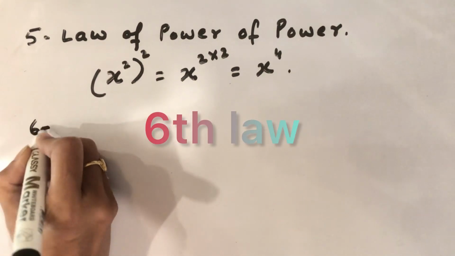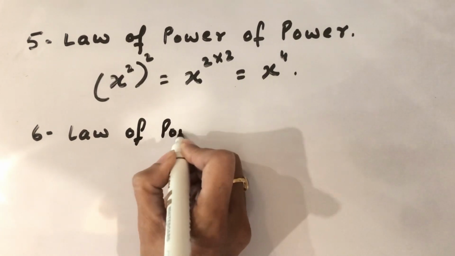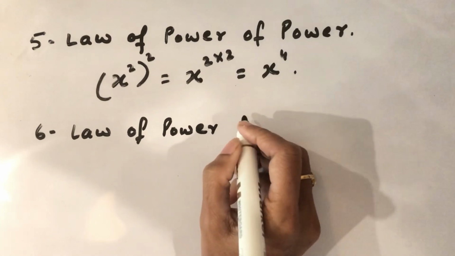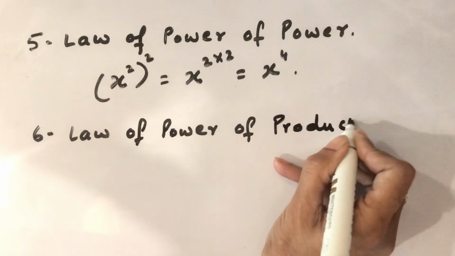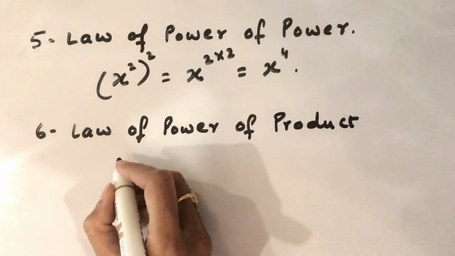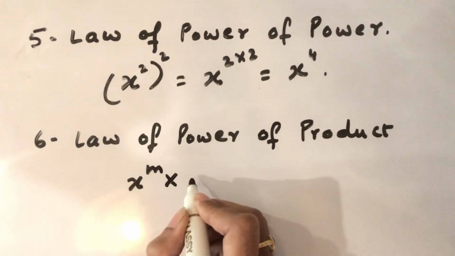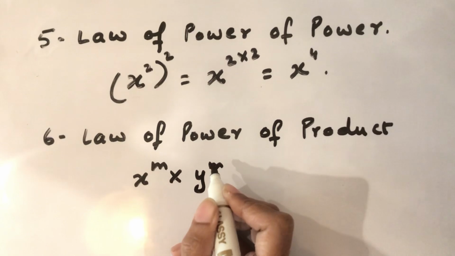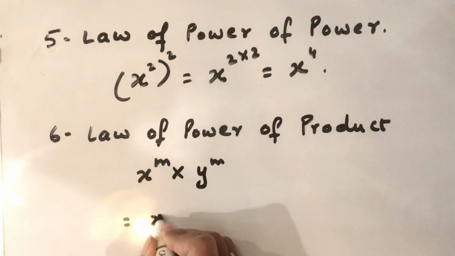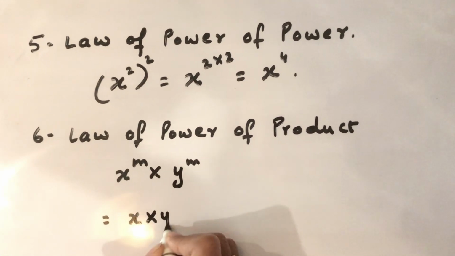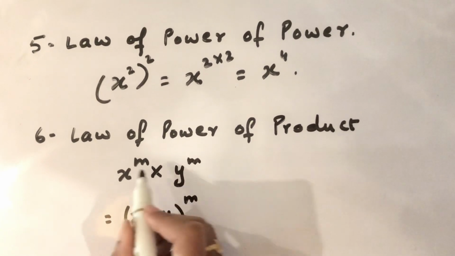Again, next, law of power of product. For example, x power m multiplied by y power m. Here we can write it as x multiplied by y, whole power m, because both have the same power.